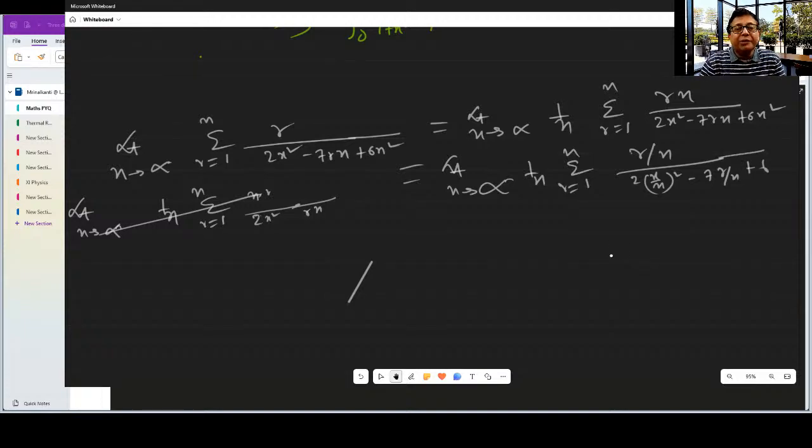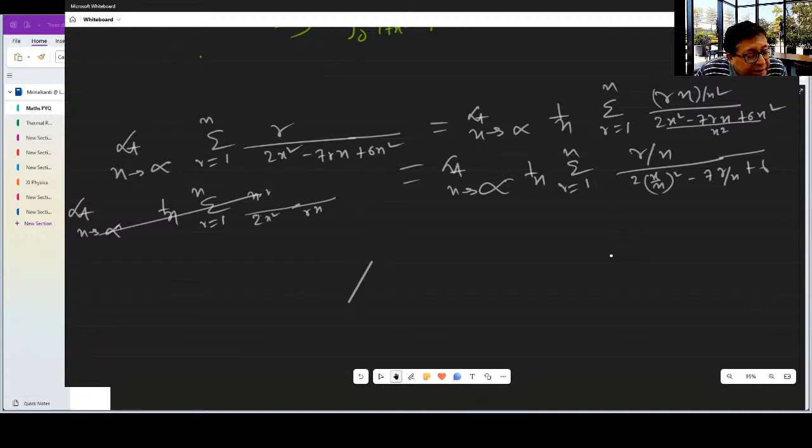Am I correct? Check once. Divide by n square. This by n square. So r by n square here also. So this is the thing.